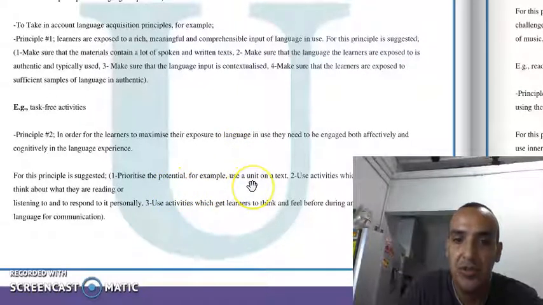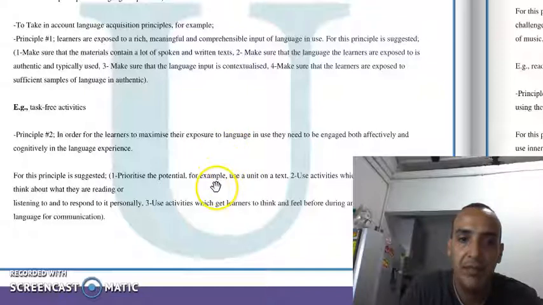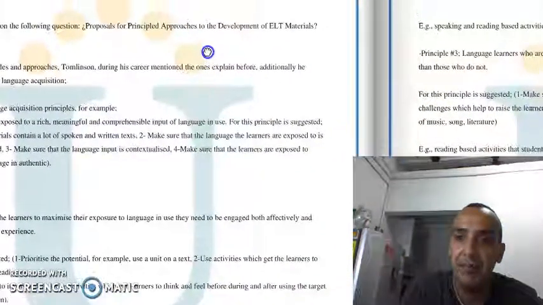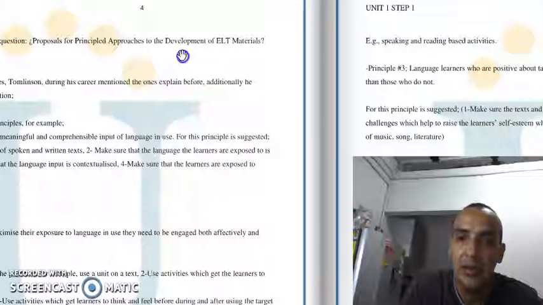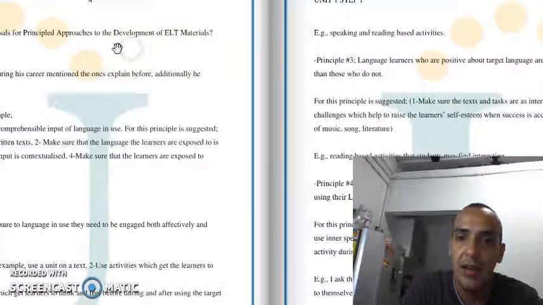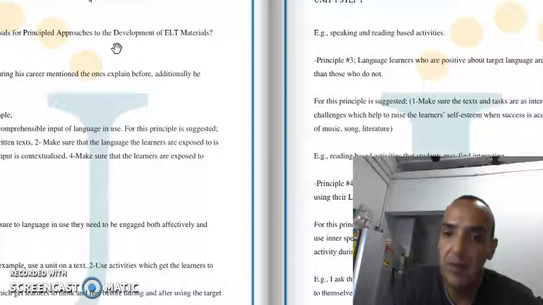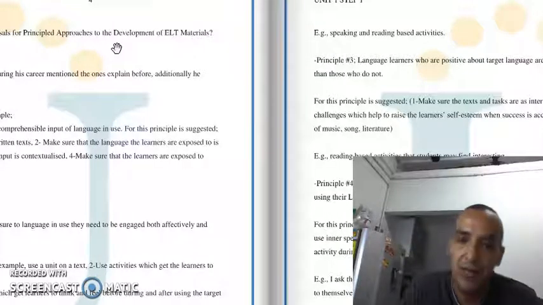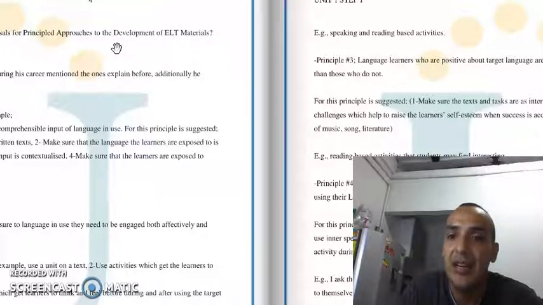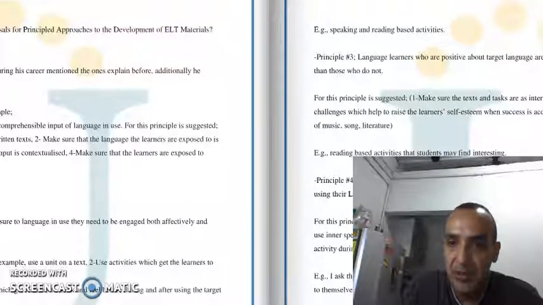For example, use a unit or a text. Let's see the next page here. And okay, this principle can be achieved in speaking and reading based activities. Now let's see principle number 3.